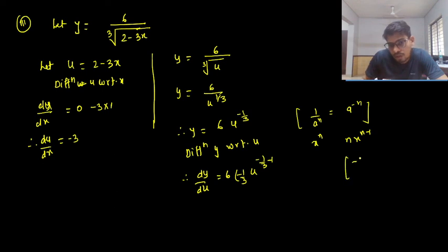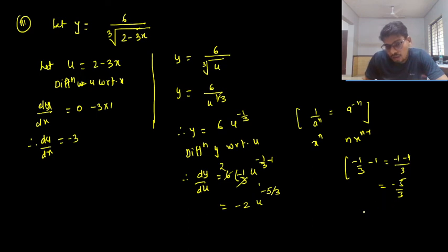We know that minus 1 by 3 minus 1 is nothing but minus 1 minus 3 upon 3, so it is minus 4 upon 3. So this will be equal to, 3 and 6, we can cancel, so this is minus 2 times u raised to minus 4 upon 3.